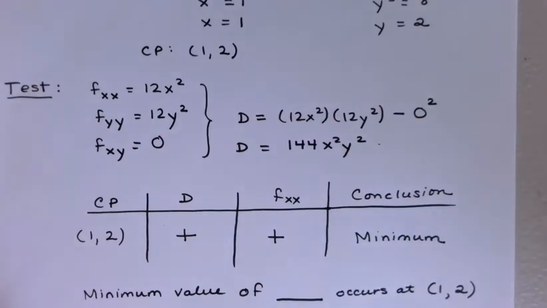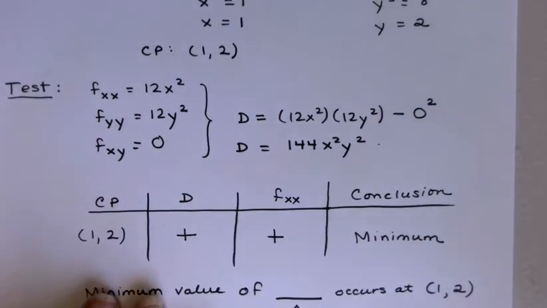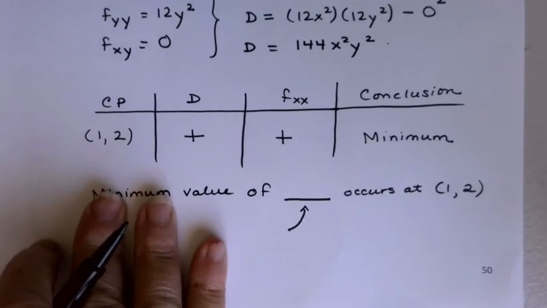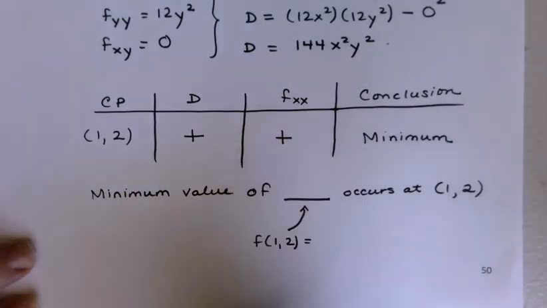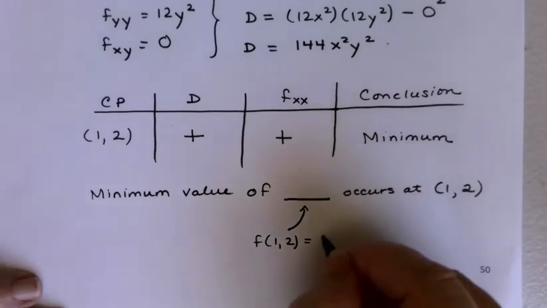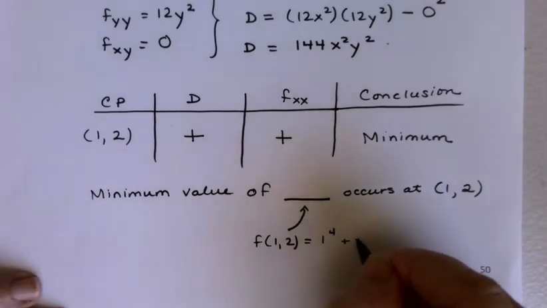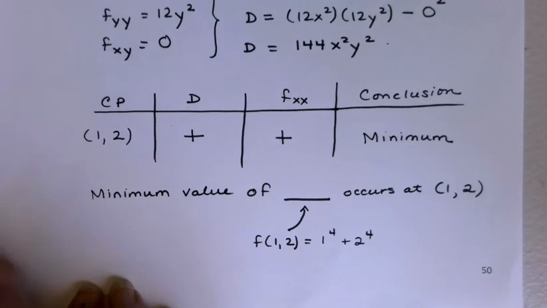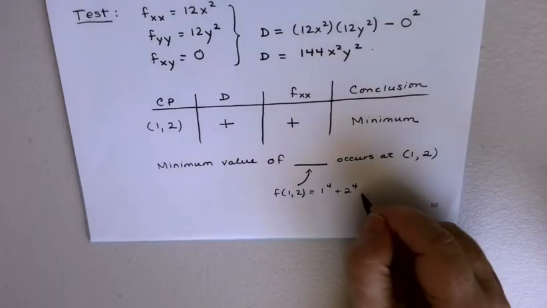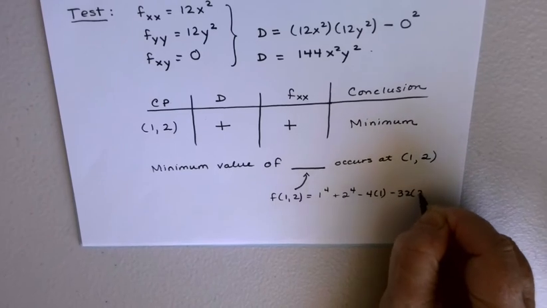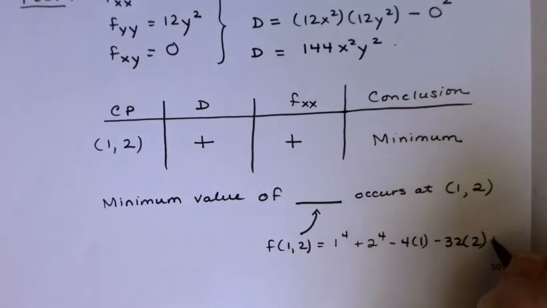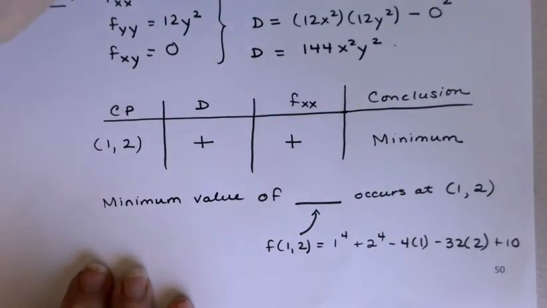And to actually find out that minimum, I could plug my point (1, 2) back into the original function. Which would give me 1 to the 4th plus 2 to the 4th, minus 4 times 1, minus 32 times 2, plus 10. Sorry, my document camera was sitting right on top of my function.